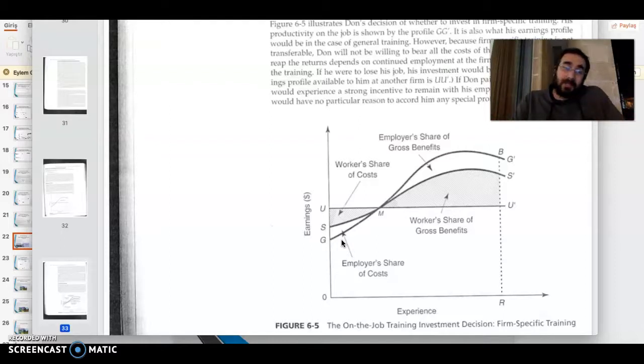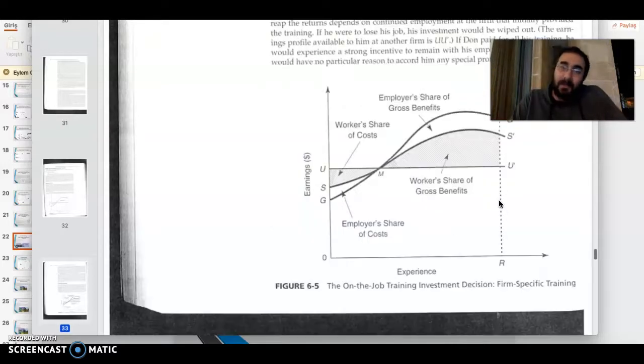Usually in the model, workers might pay part of the costs and may also get part of the benefit in terms of the wage increase. But employers might also pay part of the costs, and they might also get some additional benefit, which is created because the productivity of the person after the training will increase. However, wage won't increase as much as productivity, so employers can get some benefit out of it.